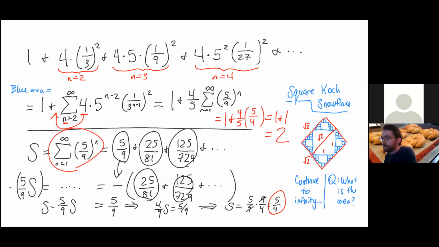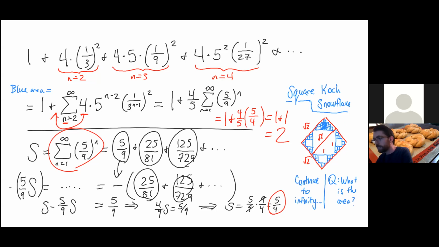Okay, what does that mean? Well, before we had this argument that this red diamond shape here, if we filled it in, is basically a square turned on its side with side length square root of 2. So the area there was square root of 2 times square root of 2, which was 2. And the idea was our blue area, the snowflake, is something that's inside the red area.